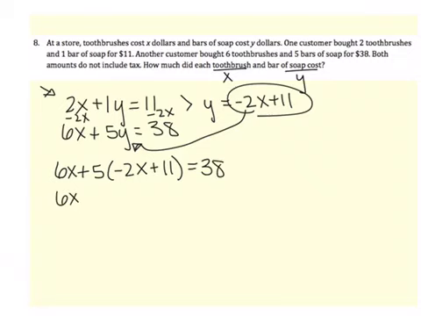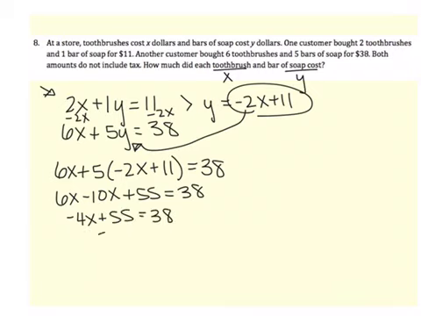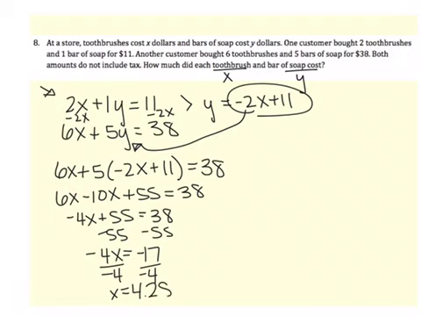Now we're going to go ahead and solve. I get negative 4x plus 55 equals 38. Subtract 55: negative 4x equals negative 17. So x is going to equal $4.25.